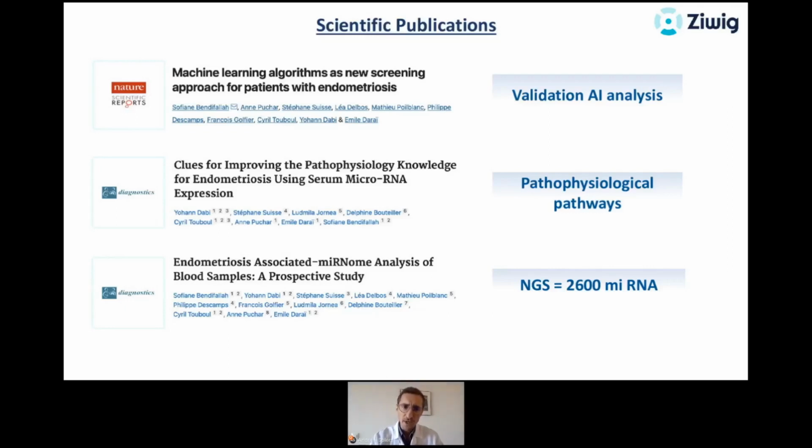We actually then took this a step further in a second study and started looking at the pathophysiological pathways linking microRNA to endometriosis. A third study we did then actually looked at the full human transcriptome of microRNA using next generation sequencing and how interactions with endometriosis could be described.